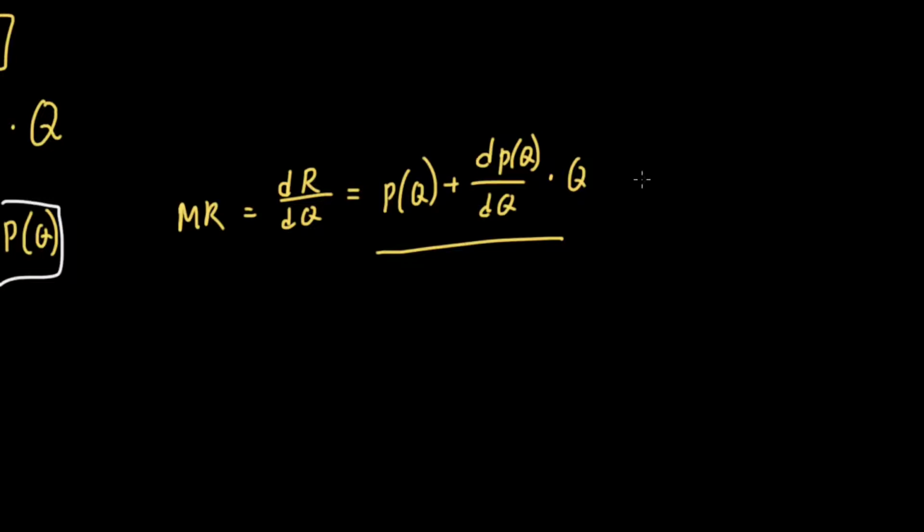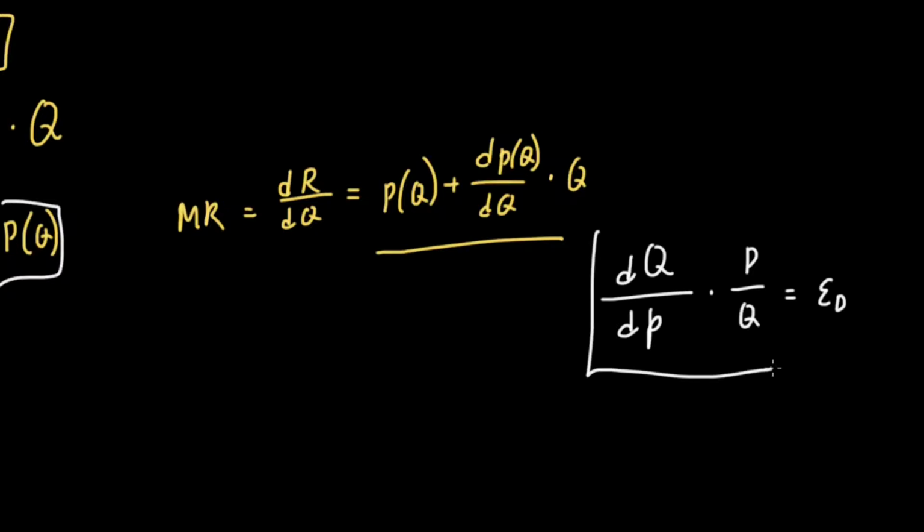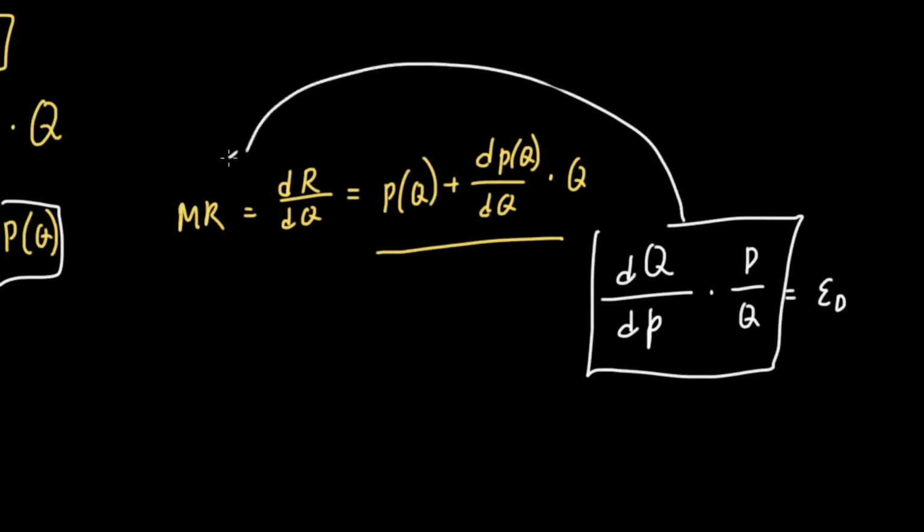So if we recall what our elasticity is from consumer theory, the price elasticity of demand was actually the derivative of Q with respect to P multiplied by P over Q. And this is our elasticity of demand. The percent change in quantity with respect to a percent change in price, and that's price elasticity of demand. So we're trying to find this thing in our marginal revenue here.